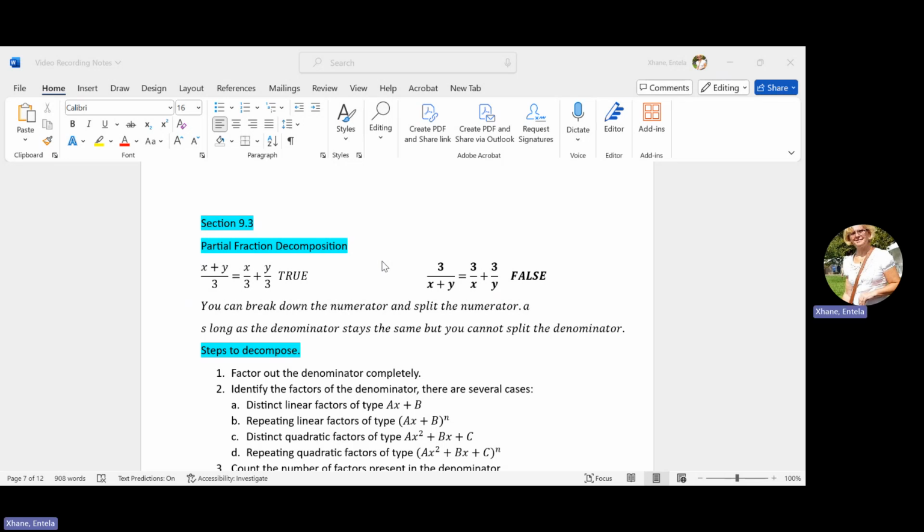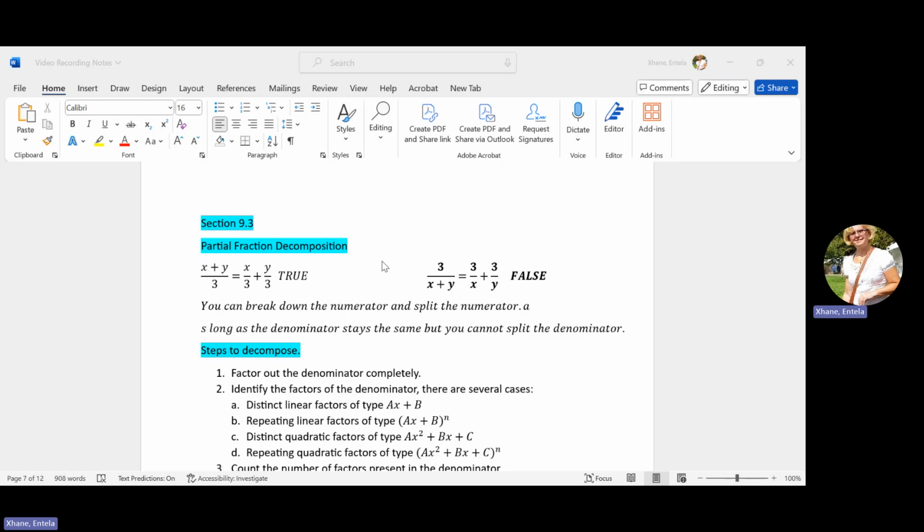You cannot just randomly split it the way I did it, x plus y. Notice they're connected by a plus, but there's an operation that allows you to do that, and that's multiplication. So as long as you create that multiplication in the denominator, then you're setting yourself up to decompose the fractions the way we normally do for the numerator.